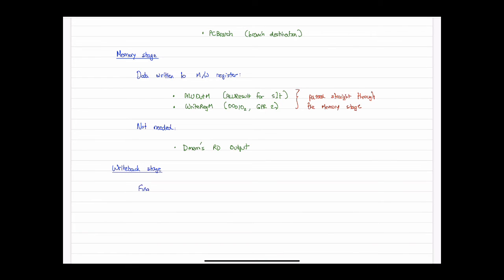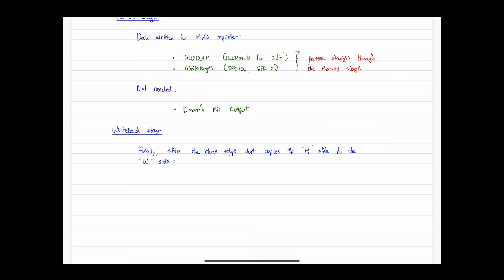Okay, finally the write back stage. After the clock edge, the contents of the M side have been copied over to the W side, from the memory side to the write back side. There were just 2 key things here. It was the ALU result from the execute stage, so the result of the SLT operation, and then where to put the answer. Which register are we using?